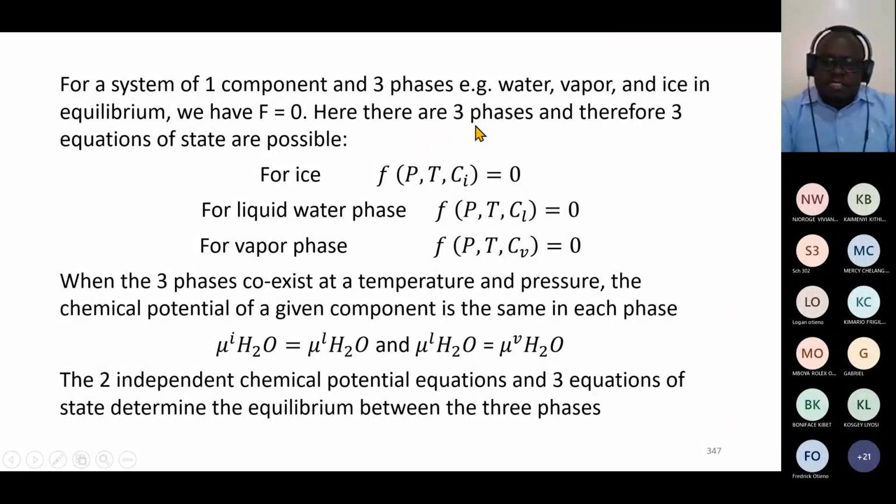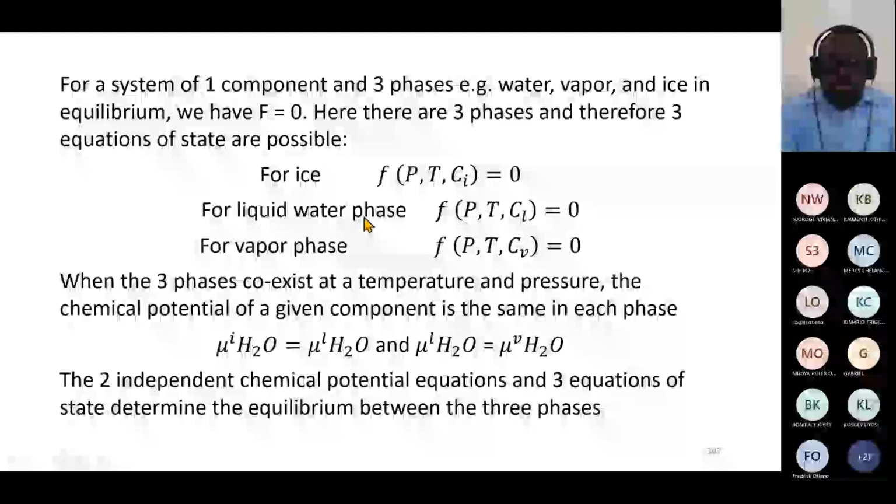So here we have 3 phases. And for each phase, we have an equation of state. So for ice, this would be the equation of state. For liquid water, this would be the equation of state. And for vapor phase, this is the equation of state.